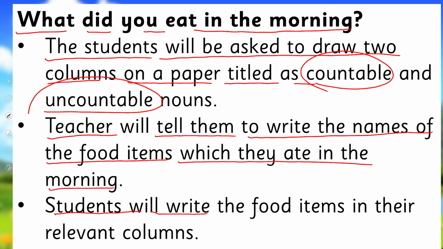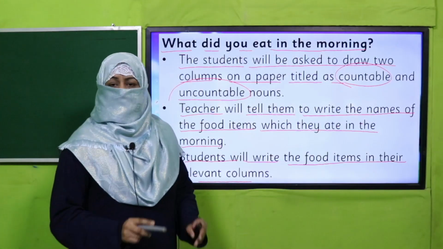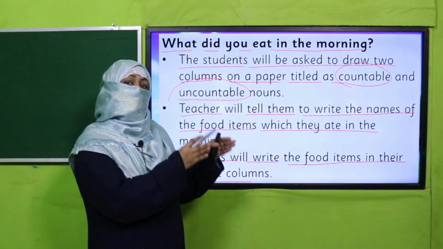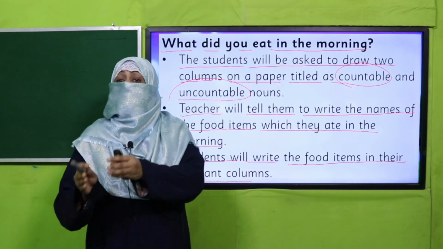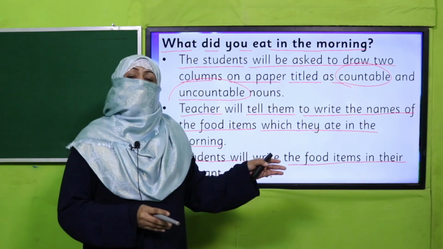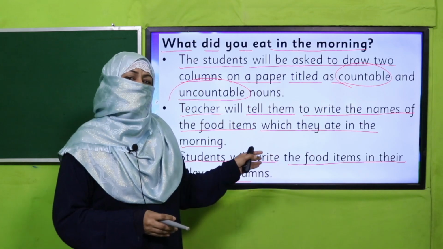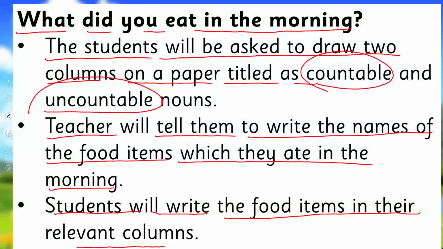Students will write the food items in their relevant column. For example, if I ate an egg, egg is countable, I will write it in the countable column, and I took a glass of milk, milk is uncountable, I will write it in the uncountable noun column, right? So pause the video and enjoy this activity.